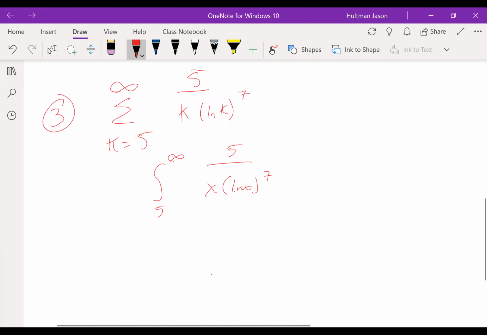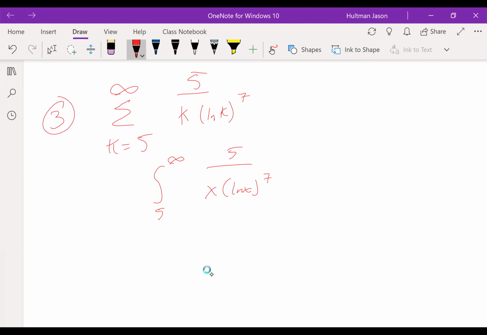Notice that if I do a u du substitution here, I have natural log of x, and then 1 over x dx. I have an x in the denominator and my natural log. So it really is just a simple u du substitution on this one.